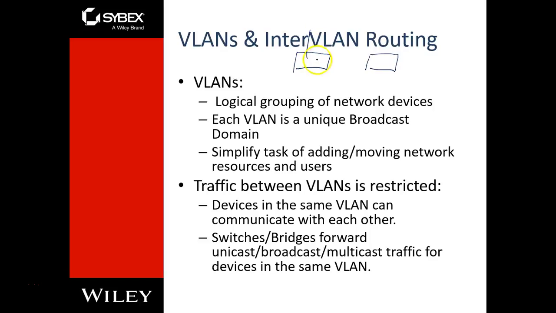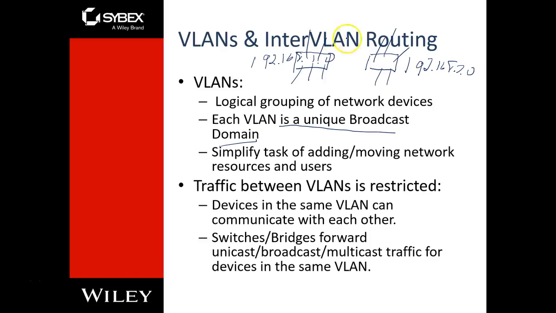What logical grouping means is that we're going to group them by subnet. In plain language, this will be the 192.168.1.0 network, and this one might be the 192.168.2.0 network. So each VLAN is a unique broadcast domain.